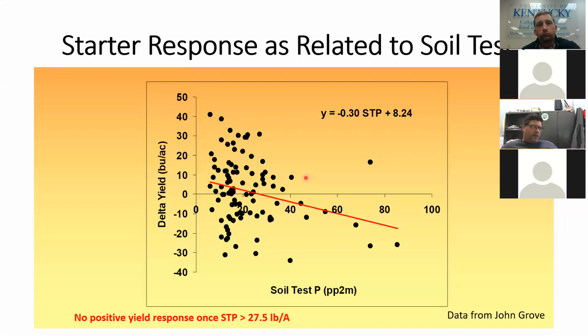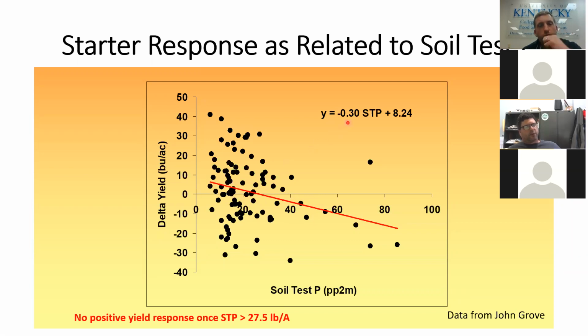These are a couple of summary slides of the information he found: the change in yield in bushels per acre related to soil test phosphorus. If we increase our soil test phosphorus, we either increase our yield or decrease our yield. It looks like a shotgun effect, but this is just a fitted regression line.